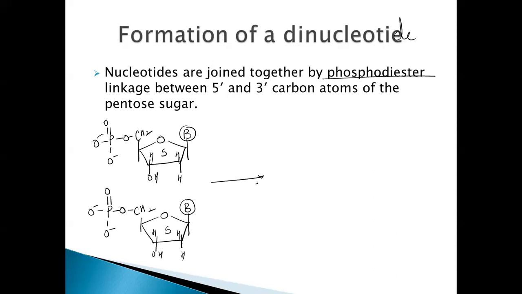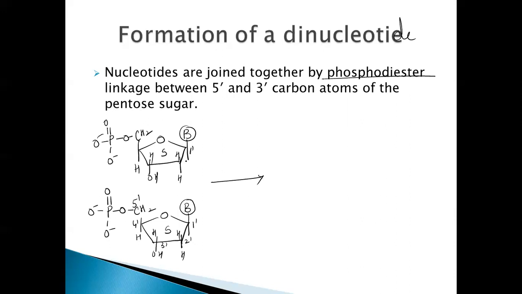How is this linkage being formed? It's between the 5' of one nucleotide, which is attached to the 3', the third carbon atom, of the other nucleotide with the help of a pentose sugar. So here, if you can see, this is 1', 2', 3', 4', and this is a 5'.